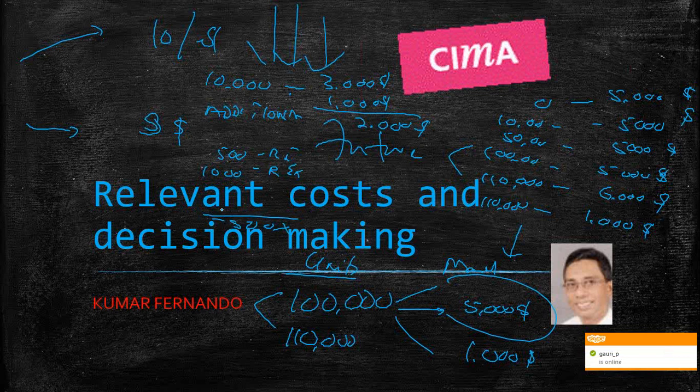So whether you sell or not, I have already given you the $1,000. Do you get the point? Now that is not relevant in that case. It doesn't matter whether you sell or not. So that is what we call a sunk cost, or already a cost incurred.